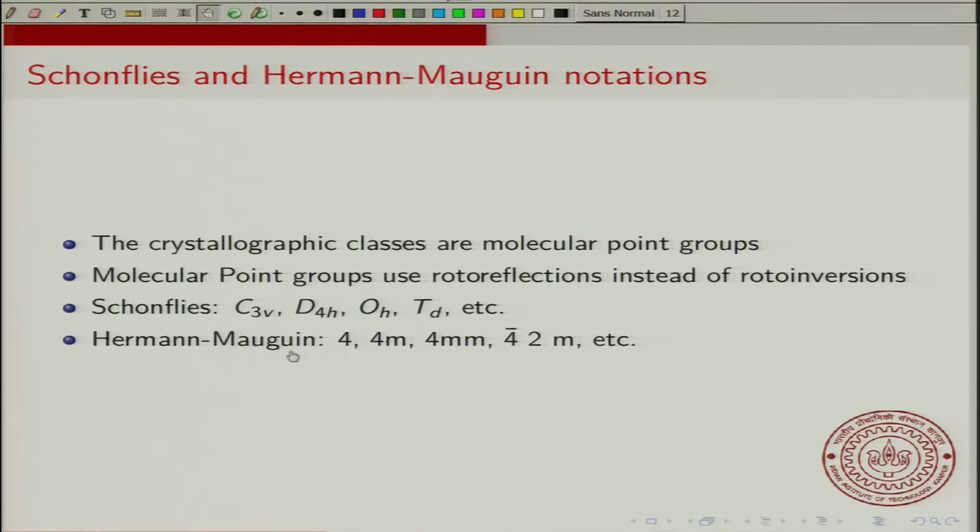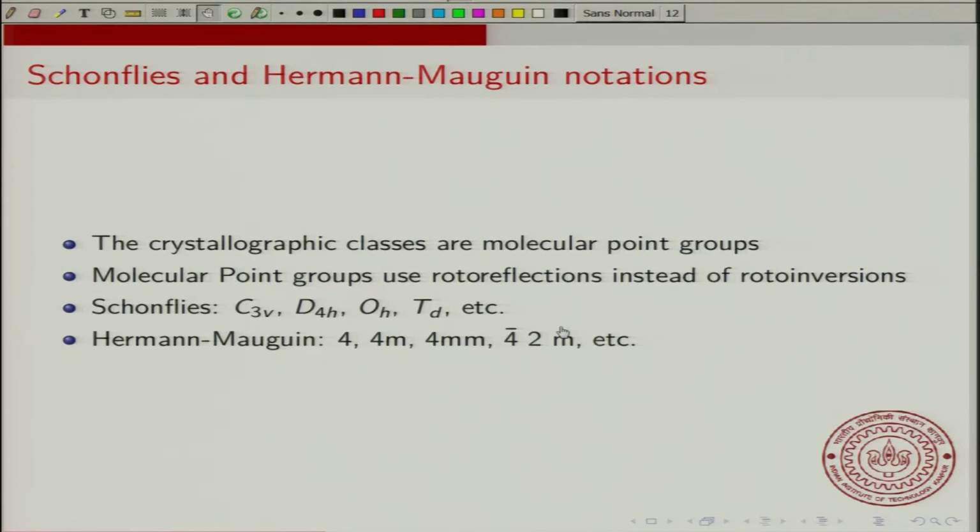The Herrmann notation is something you might not be so familiar with, but in this the names of the point groups are just like numbers like 4, 4m, 4mm, or 4 bar 2m, etc. So typically up to three numbers, and we will see what kind of combinations are there.